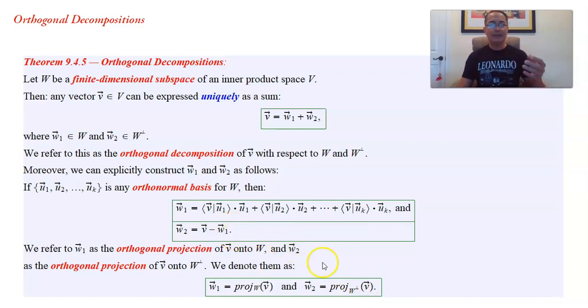It's basically, again, just the same idea as what we did over and over. We already know that if this were actually a basis for the entire space, these coefficients are exactly the coefficients that you need in order to create the vector. So we only need a minor adjustment to that idea to create this orthogonal decomposition.